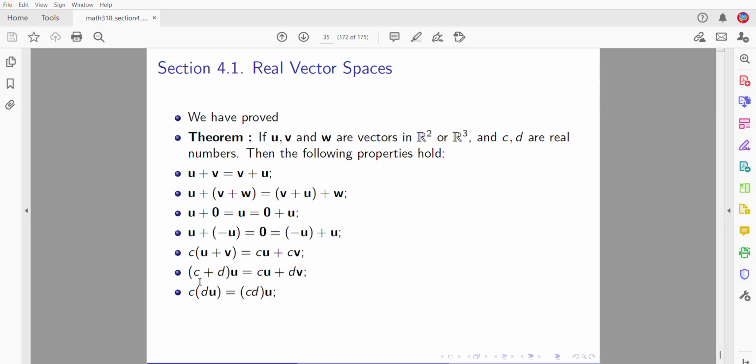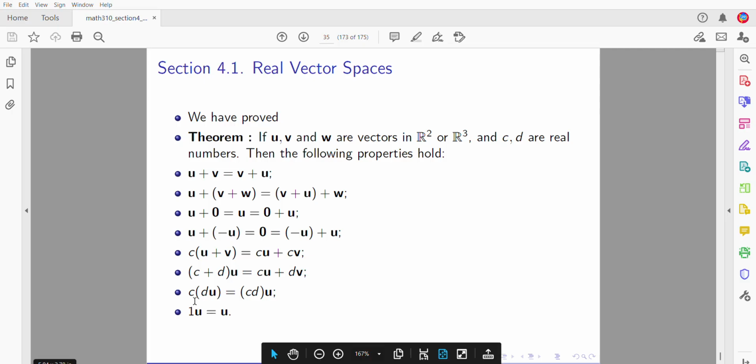Scalar multiplication is associative. I have 2 scalars. I multiply the scalars first, multiply to the vector, or I multiply the scalars one at a time. The answer is the same. Lastly, scalar multiplication has a multiplicative identity. 1 times a vector is the vector.